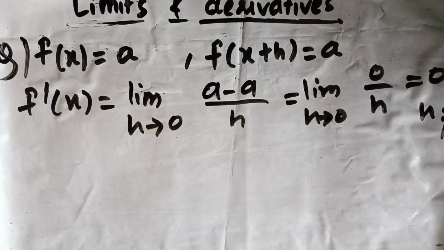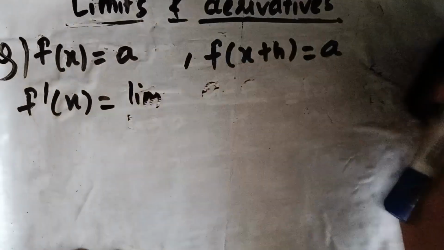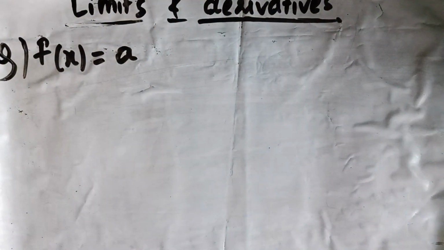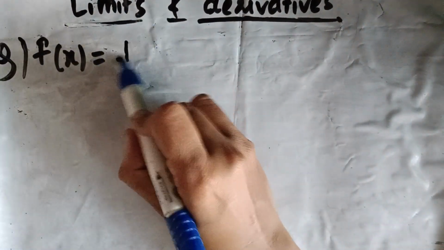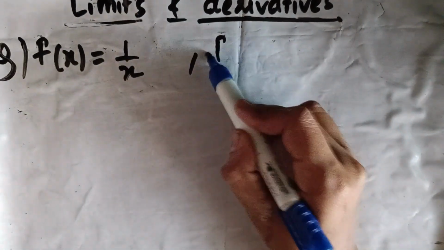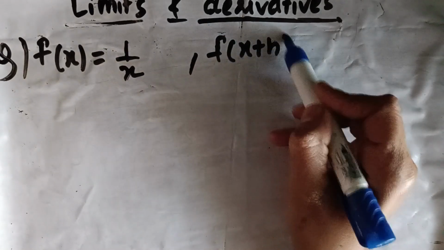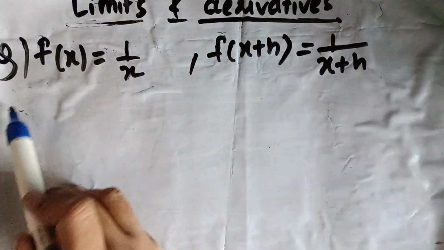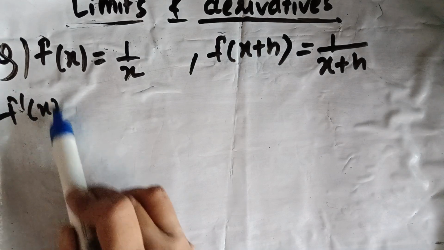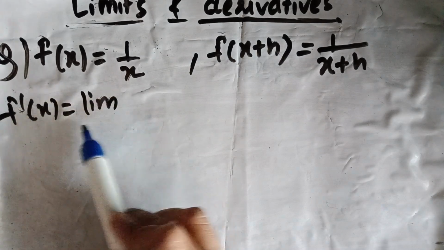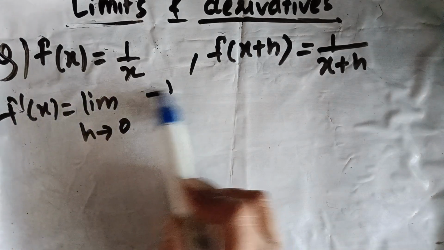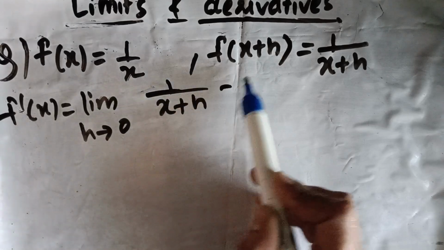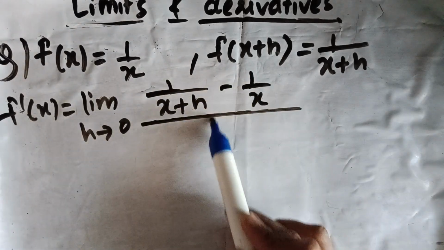Then we have the derivative of 1 by x. f of x plus h is 1 upon x plus h. f dash of x is limit as h tends to 0, 1 upon x plus h minus 1 upon x, upon h.